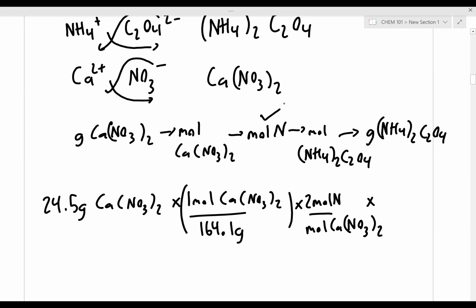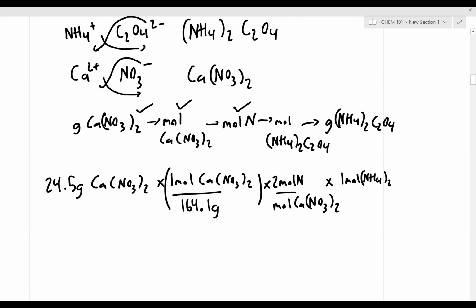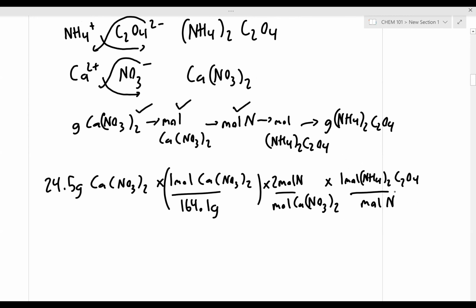Okay, perfect. So we're now at this stage. And now my question to all of you, in 1 mole of ammonium oxalate, how many moles of nitrogen do we have? How many moles of nitrogen do we have per mole of ammonium oxalate? 2.